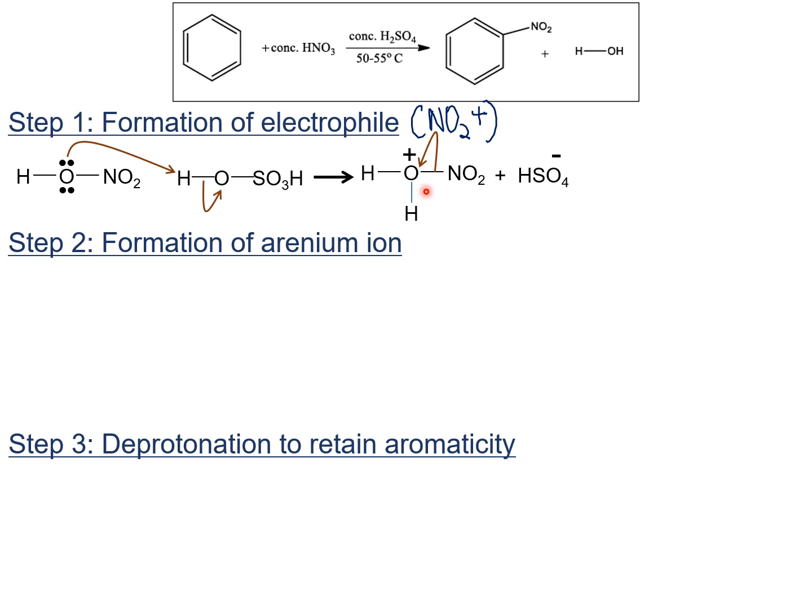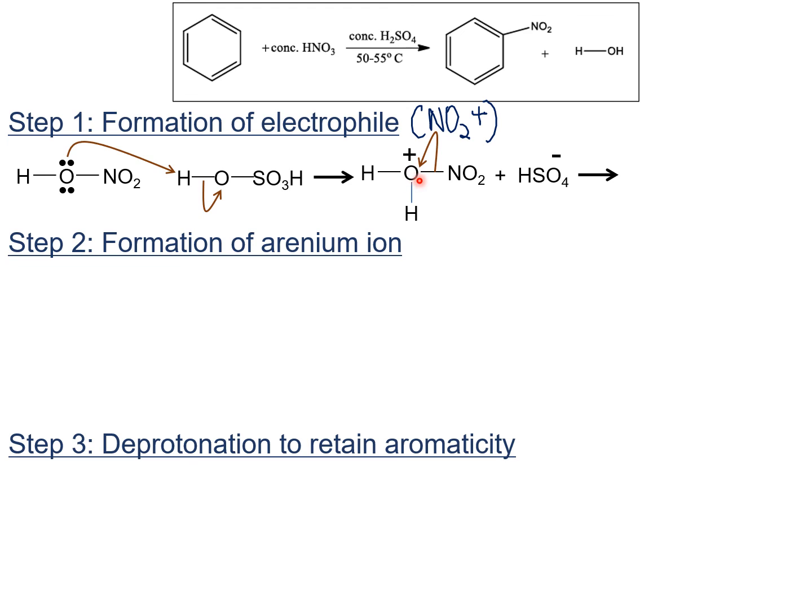So you have to show the arrow daripada bond O+ dengan NO2 ni kepada this O+. Faham? Lepas tu, since that NO2 ni dia break the bond dengan the rest of this H2O+, makanya dia donate 2 elektron dekat bond dia ni kepada this oxygen plus.